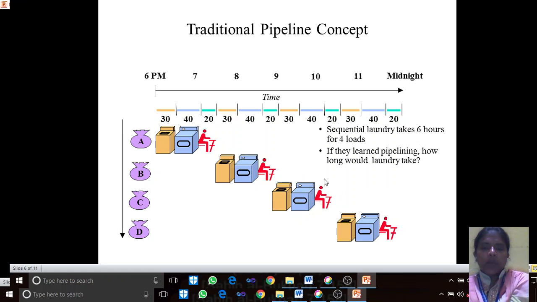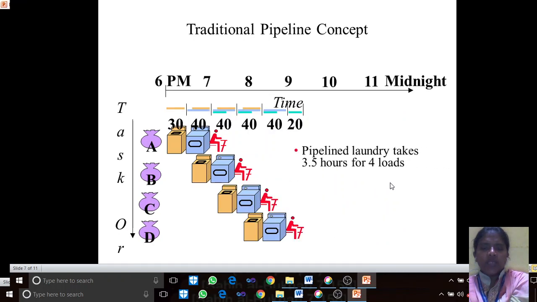Once it is completed, D's laundry is started, and to complete everything it may take until around midnight. Now, if pipelined laundry takes place, it will consume only 3.5 hours for 4 loads.